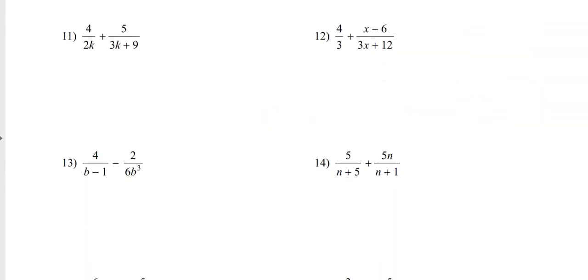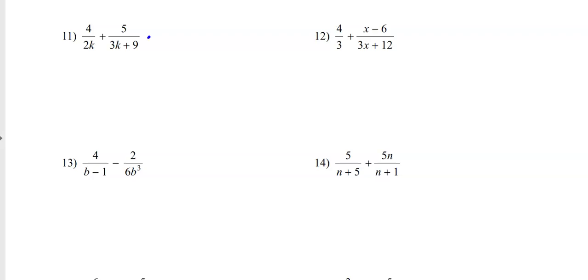All right, moving on down, number 11. This one's getting a little bit trickier. So I think here what I might do, since I have addition or subtraction expressions, which is a little different than what's up above, is just multiply the right by the left denominator and the left by the right denominator.